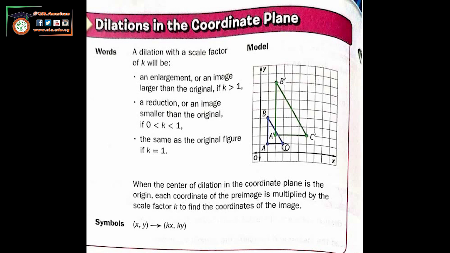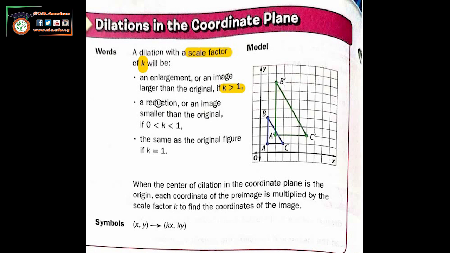If I need an enlargement or a reduction, I must have a scale factor. We give a variable for the scale factor, which is called K. If you need to enlarge an image or a figure, the scale factor must be greater than 1.